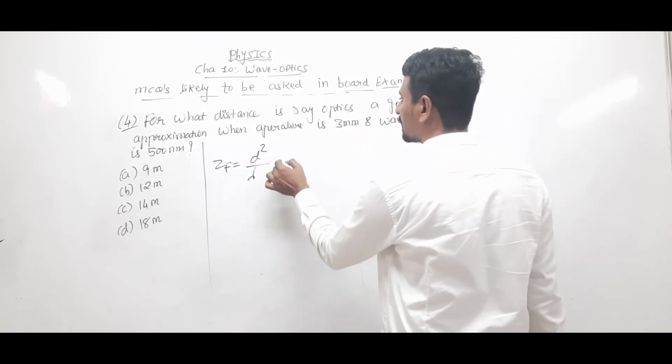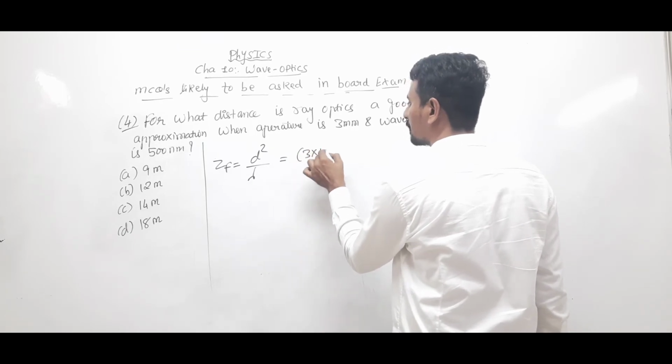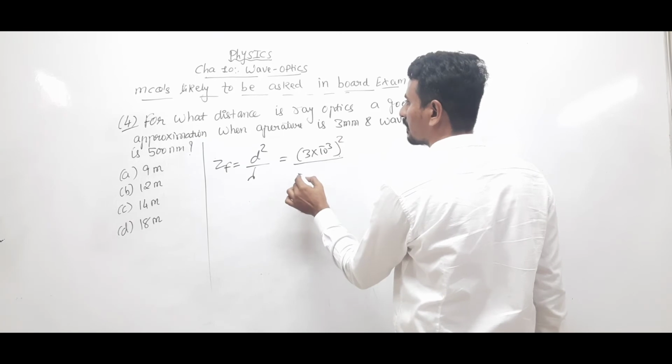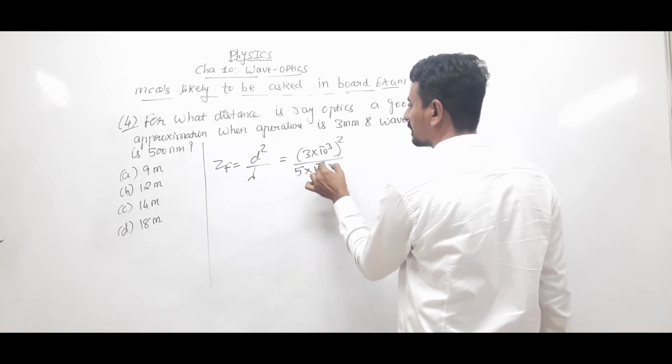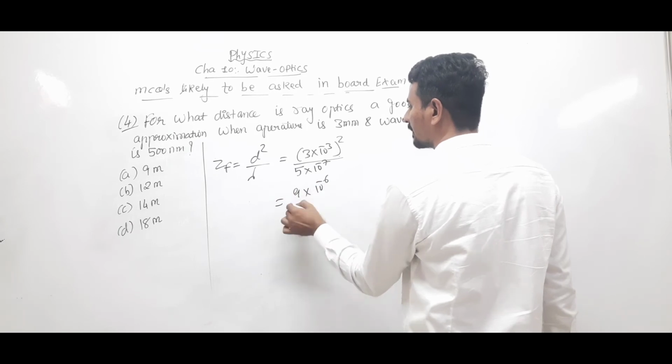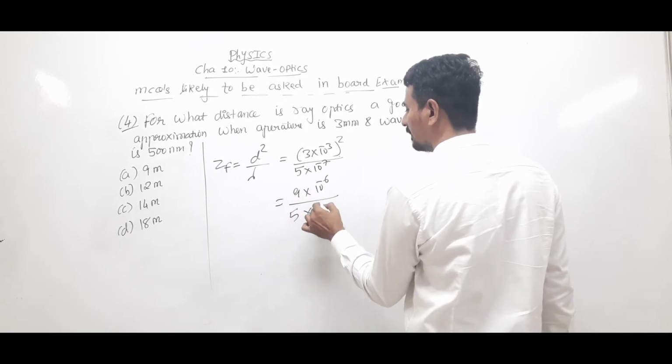Now d is already given to you, 3 mm. So it will be 3 into 10 raised to minus 3, the whole square, upon 5 into 10 raised to minus 7. Okay, so this will be 9 into 10 raised to minus 6 upon 5 into 10 raised to minus 7.